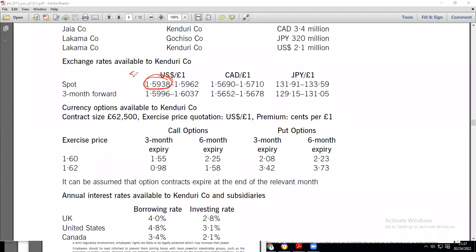So the bank will sell using this rate. The bank will divide using that, because this is happening today.